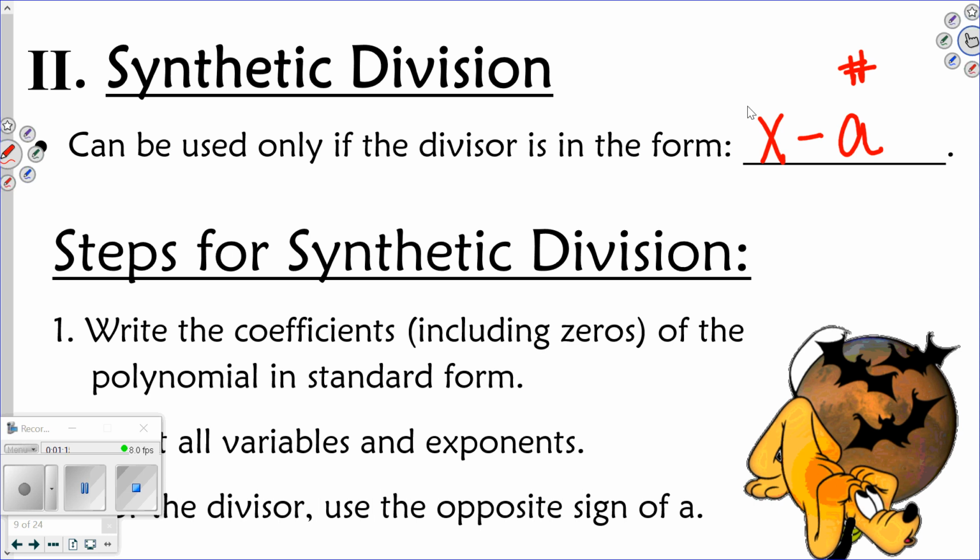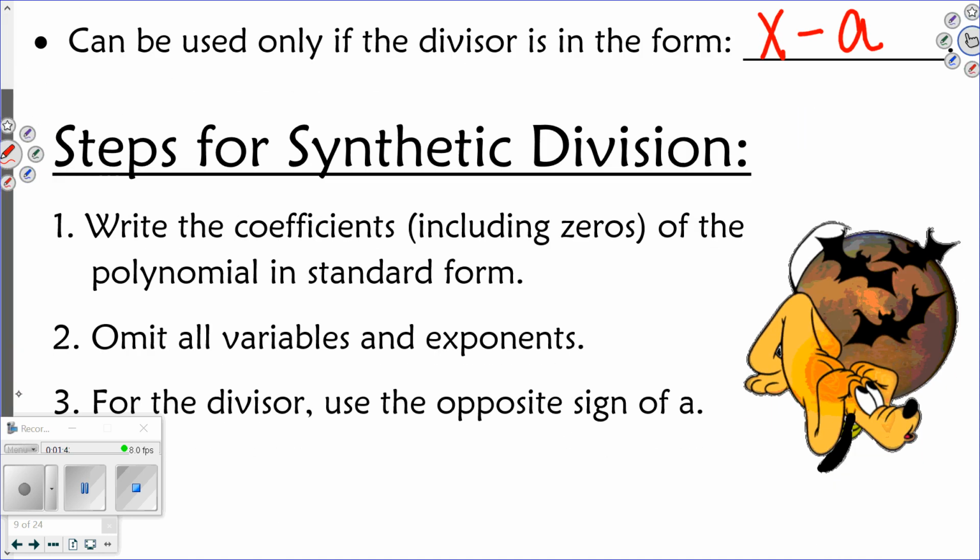If it's x squared, can't do it. If it's x squared minus 2x, can't do it. If it's x minus 5x squared, can't do it. If it's 2x minus 5, can't do it. It's got to be just x plus or minus a number. Now, where we're going in the next section, you'll use this a lot. So this is great. We use this one more often than the long division.